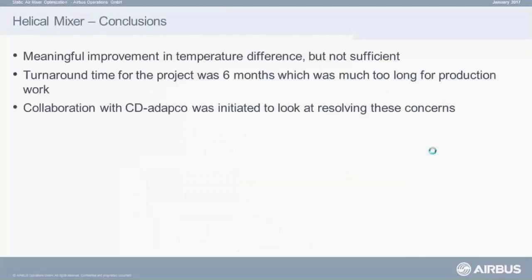So we could conclude that using this process, we were able to improve the temperature difference, but it was not sufficient. The turnaround time was much too long. And finally, we decided to try out other ways, and therefore we went on with a collaboration with CD-adapco, respectively Siemens, to look at what other means we have.